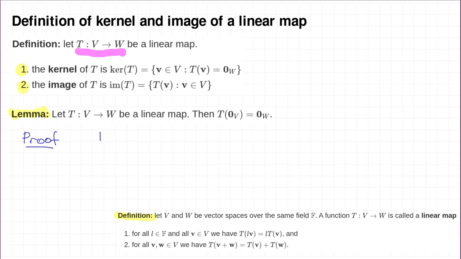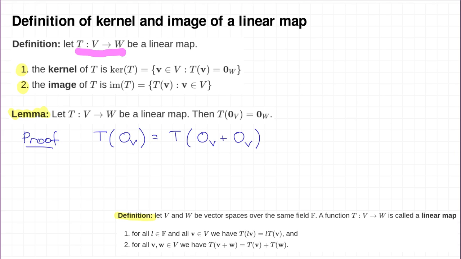So for our proof, let's think about T of the 0 vector in V. Well, one property of the 0 vector is that the 0 vector is equal to the 0 vector plus the 0 vector. The defining property of the 0 vector is that when you add it to something, you don't change it.